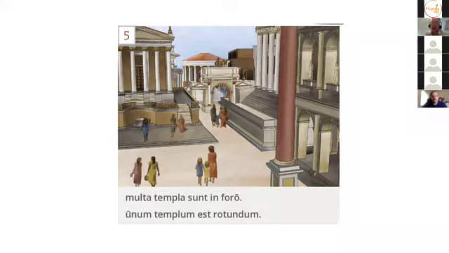The other thing that these images do, I think, is this: if we ever go to the forum, it's quite an open expanse, isn't it? It's very hard for the students to think that actually in reality this was probably quite a cluttered space with buildings left, right and center. So sometimes the role of these images is to provide the general feel of the area as well.